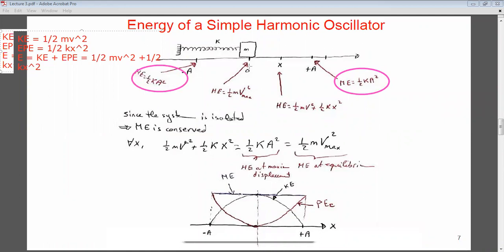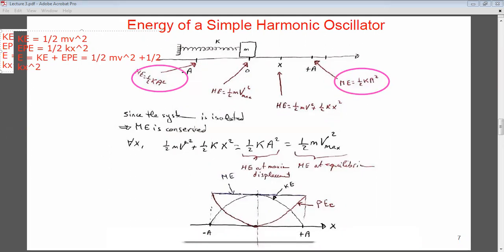At equilibrium, x is 0, so there is no EPE, but there is v maximum. So at equilibrium, mechanical energy is half m v maximum squared. At any position x, mechanical energy is half mv squared plus half kx squared.